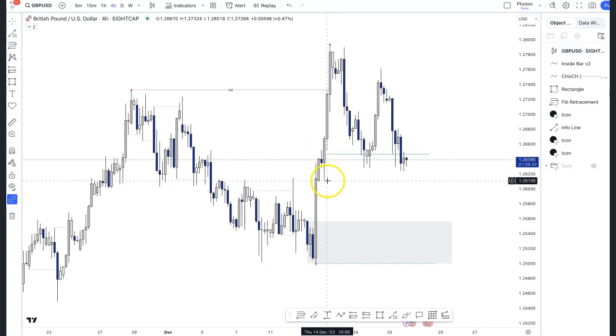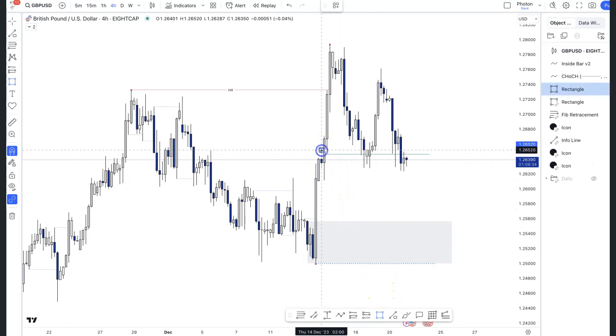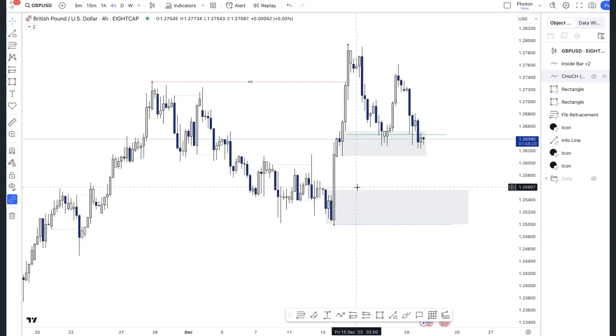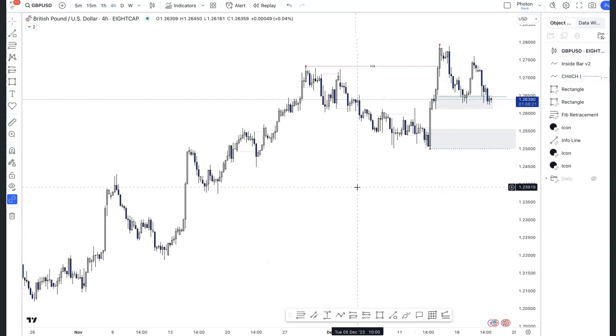We've had a bit of a pause here. I don't expect it to hold too much, but nonetheless, I'll just mark this. So this is another H4. Yeah, that's pretty much it at the moment.